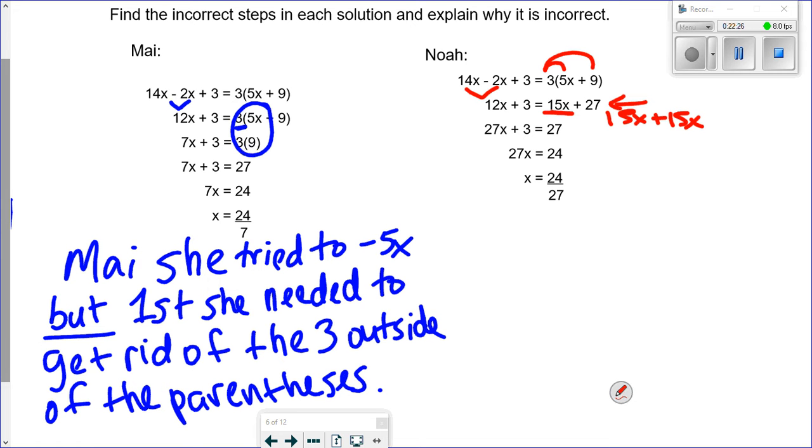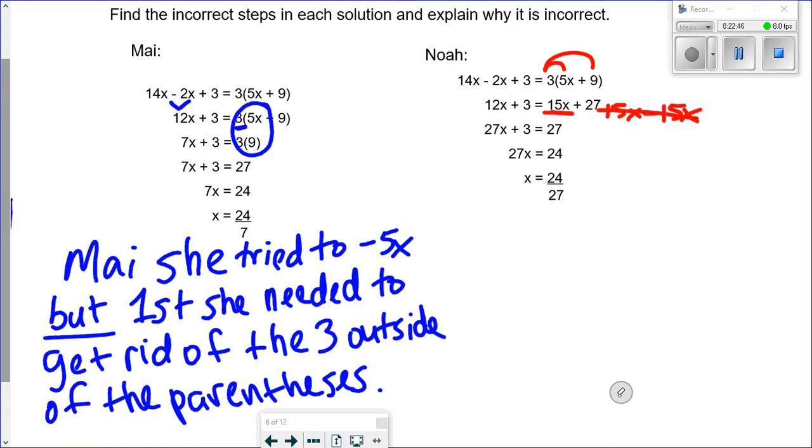Rather, you're going to get more x's. You're going to get 30 x's. So instead of adding 15x to both sides, Noah should have subtracted 15x from both the left and the right side.